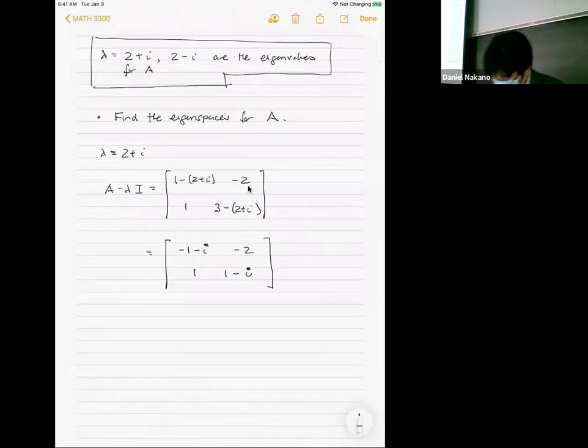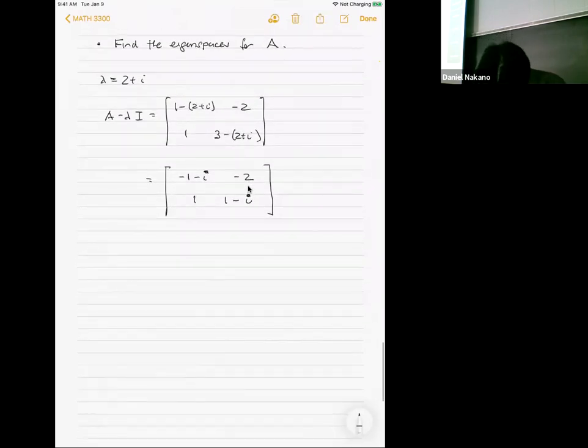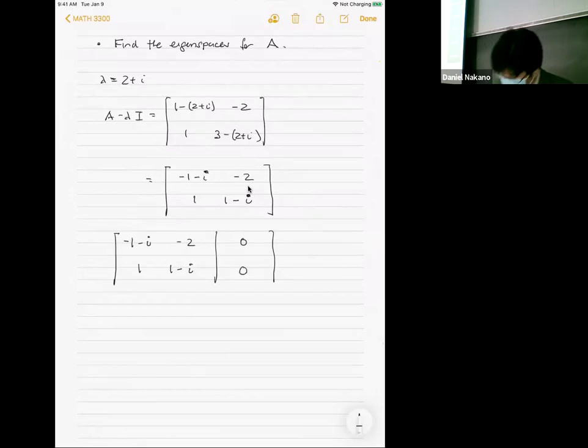All right, so what do we need to do? We need to find the null space. So here we go: minus 1 minus i, minus 2, 1, 1 minus i, 0, 0.